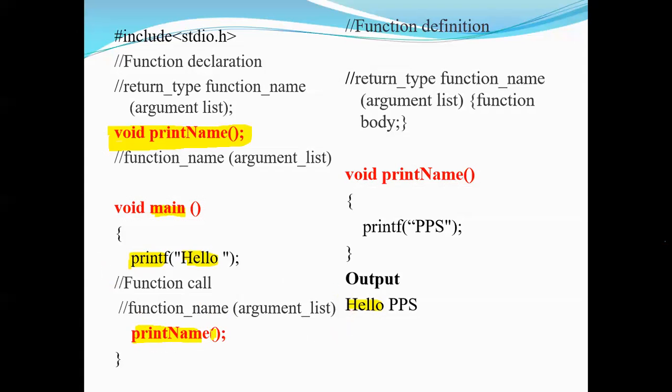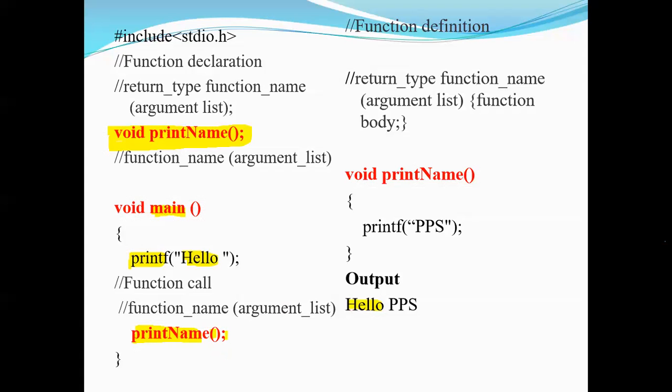Here there is no argument, nothing has been passed. It is called a function call with function name and argument list. Without arguments, it is called without argument.